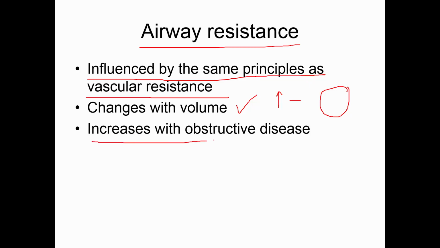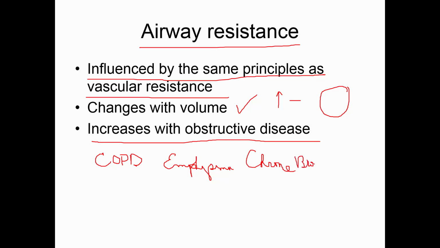Airway resistance also increases with obstructive disease. So asthma and COPD. So there are two kinds of COPD. We've talked about one already, emphysema. And the other one is chronic bronchitis. Emphysema, because the lung tissue is being destroyed, the airways are very vulnerable to collapse.